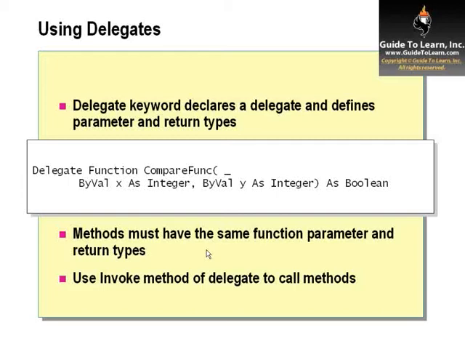The compare function was already defined as a delegate on page 64, if you take a look at it, or as you see on this slide. It says Delegate Function. You just put the keyword Delegate before the function, CompareFunction. That's the only thing it takes in order to create a delegate. It is a regular function anyway, but by putting that keyword, it acts like a delegate.